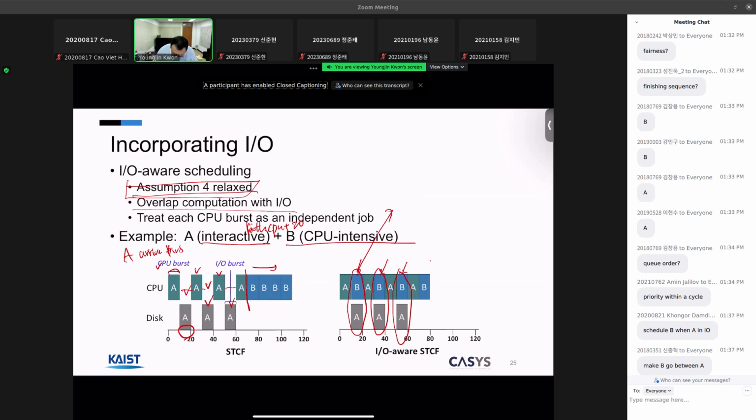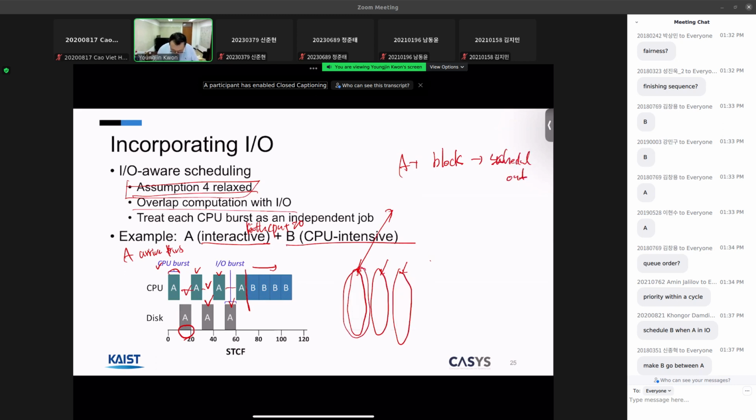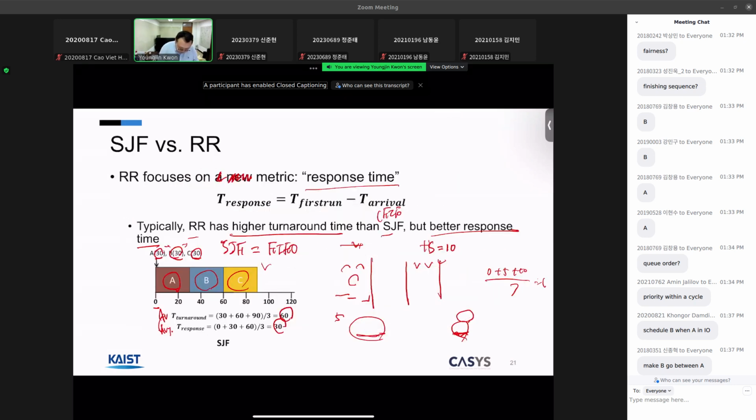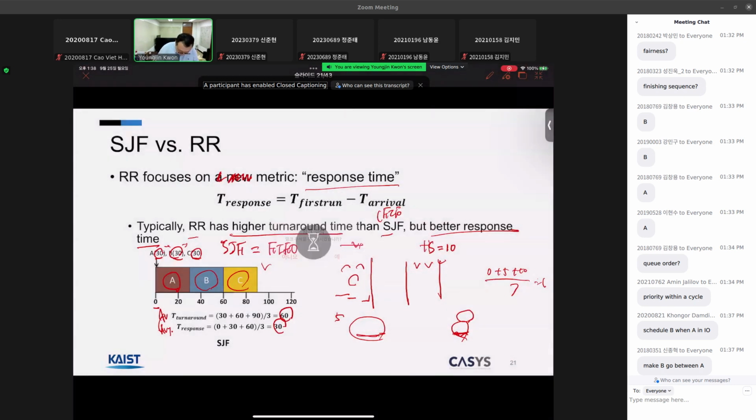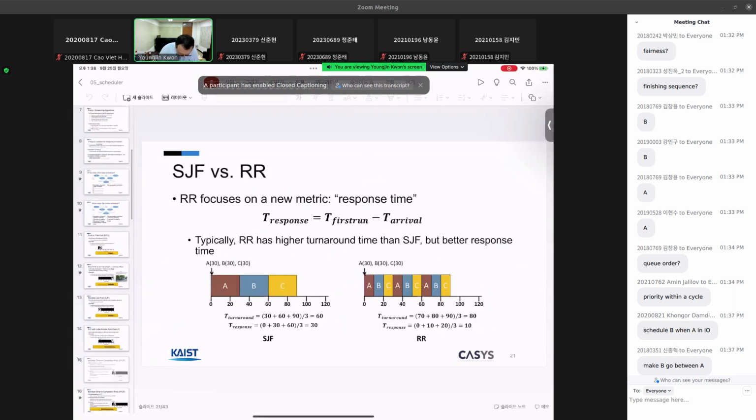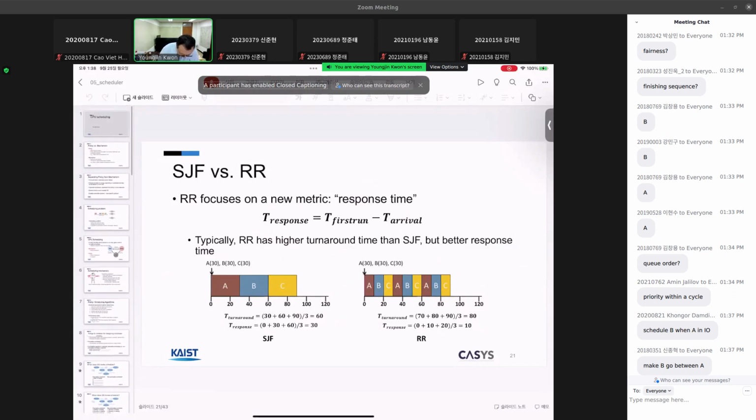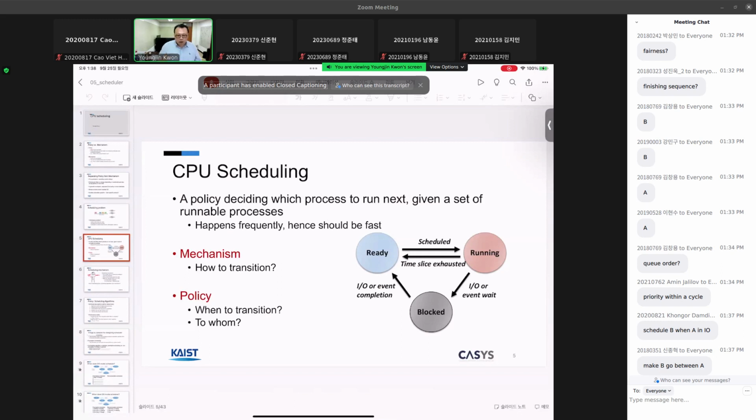For that, recall that when A goes to blocked, it is scheduled out. To overlap A and B, remember that this blocked state is required. Blocked means the process goes to the blocked queue.